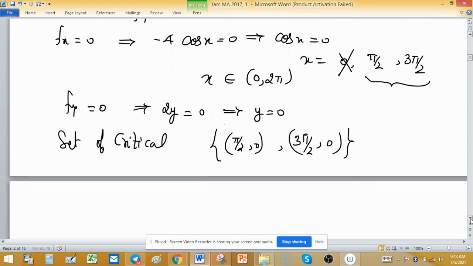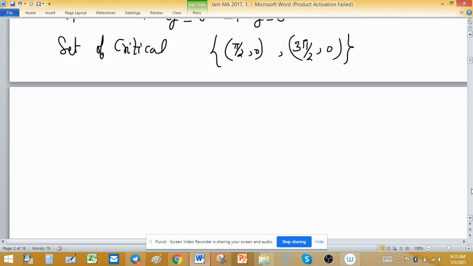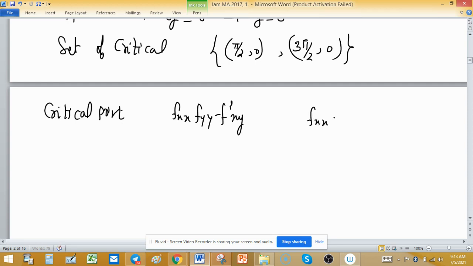So we will check the nature of fxx fyy minus fxy squared at these critical points. Here is the table of critical points, fxx fyy minus fxy squared, fxx or fyy, and the nature. The first critical point is pi by 2 comma 0 and the second is 3 pi by 2 comma 0.